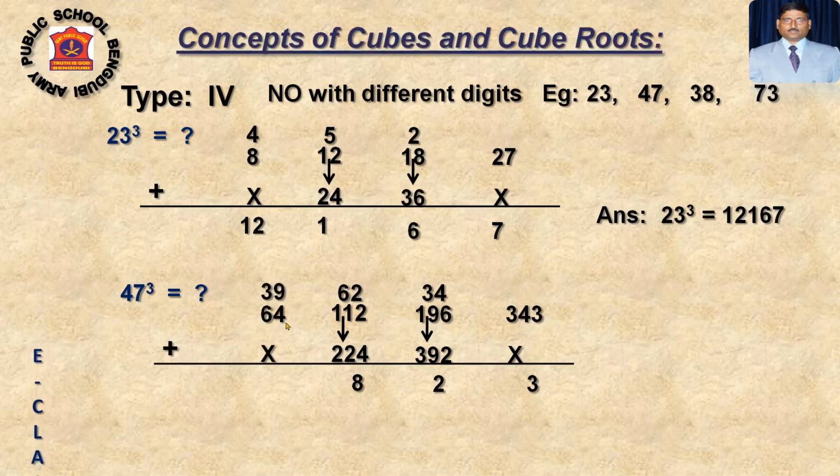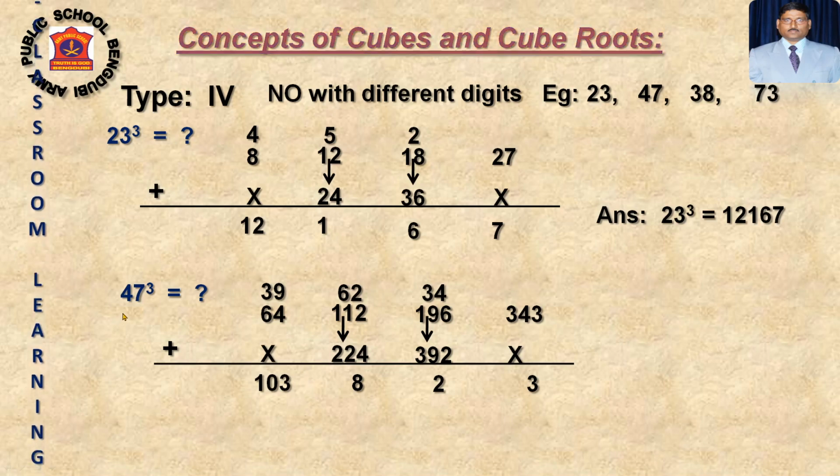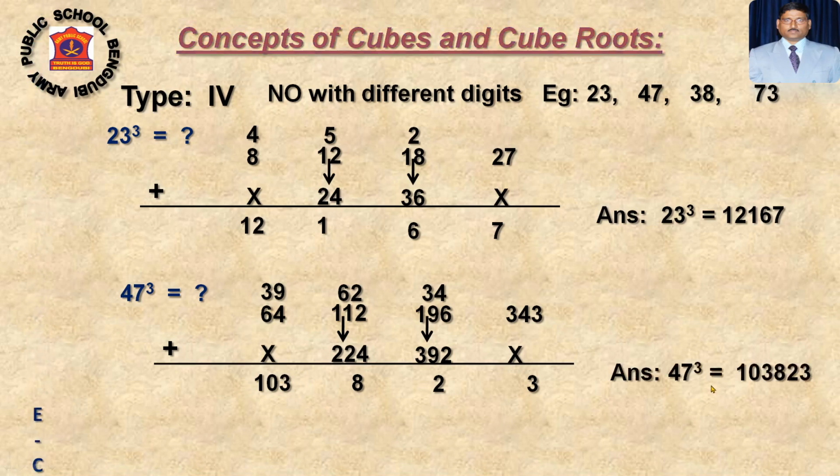Now 64 and 39, finally if I add together, it will be what? 103. So 47 cube equals 103823. Have you understood?